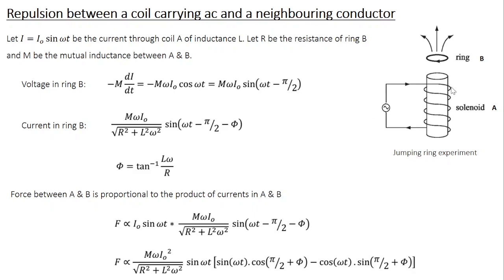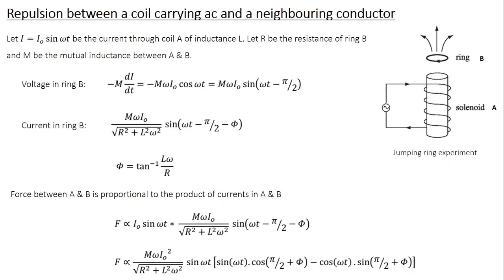When current passes through the solenoid, a magnetic field is generated. Since this is an alternating current, the strength of the magnetic field also changes. From Faraday's law, we know that a changing magnetic field induces an electric field. So an electric field is induced in ring B because of mutual induction, and this EMF drives current in ring B. Now, what is the direction of the current?